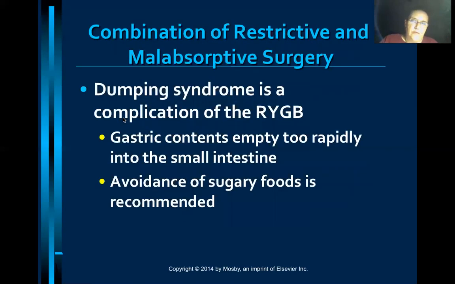And then we have a combination of restrictive and malabsorption surgery. This can cause a dumping syndrome, as the gastric contents empty too rapidly into the small intestines. Avoidance of sugary food is recommended.